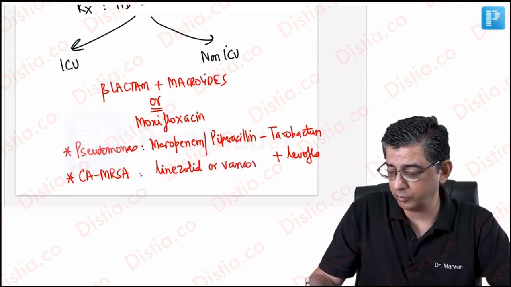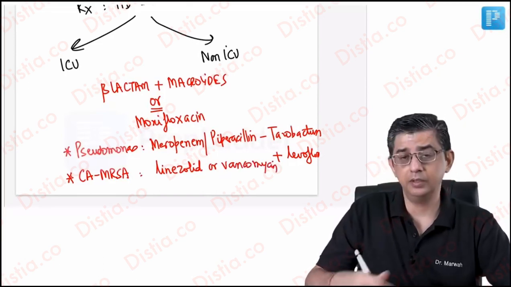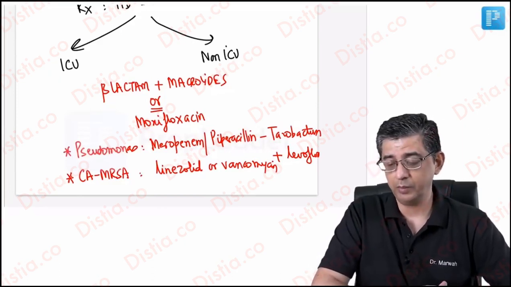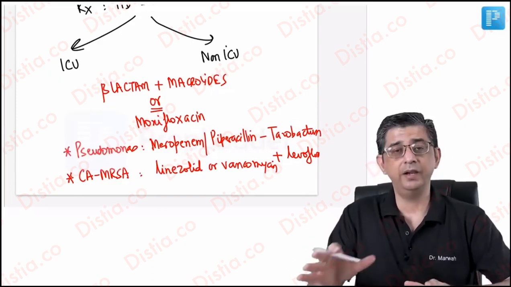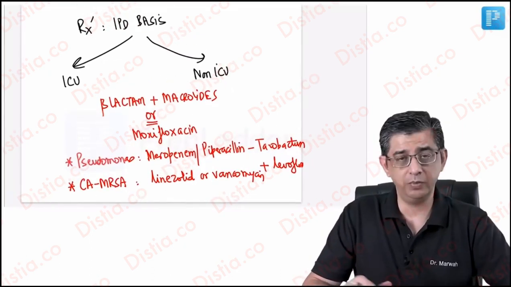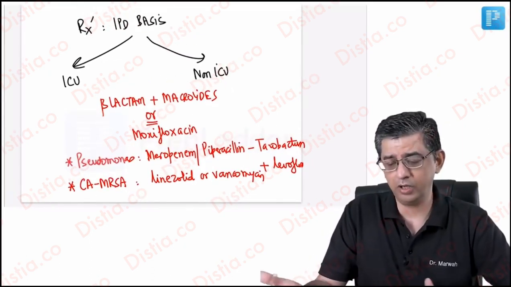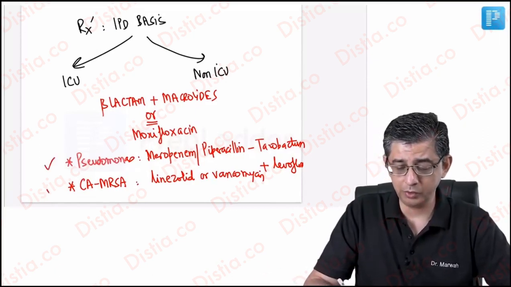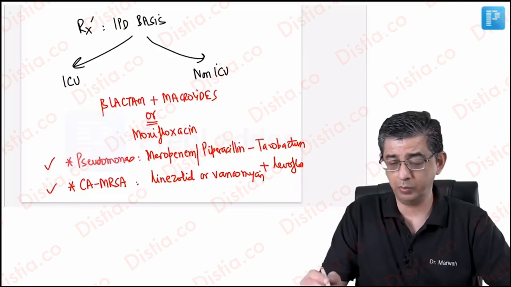That depends on the report given by the department of microbiology, but the blanket treatment for any patient having a CURB score of 2 would be beta-lactam plus macrolides, or if not available then respiratory fluoroquinolones, and the approaches for Pseudomonas and Staph aureus are also to be remembered.